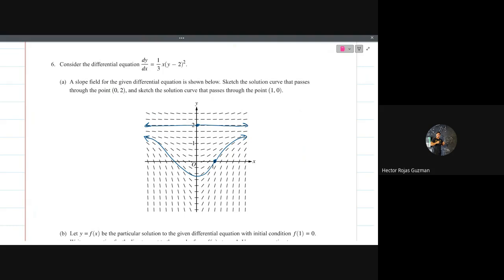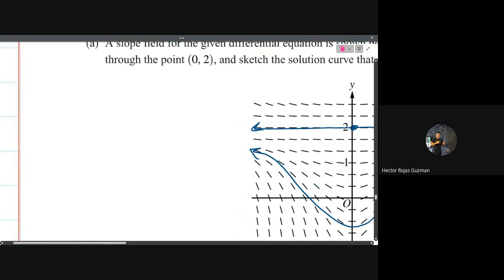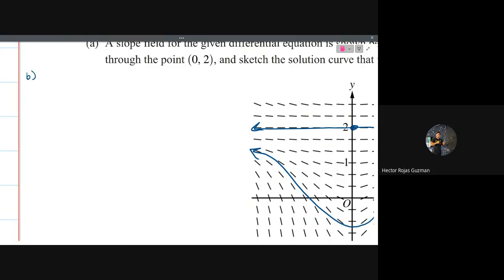Okay. Part B. Since I want to find the tangent line, let's go ahead and find the slope. dy dx equals 1 over 3. And we want to find the tangent line at the point x equals 1.